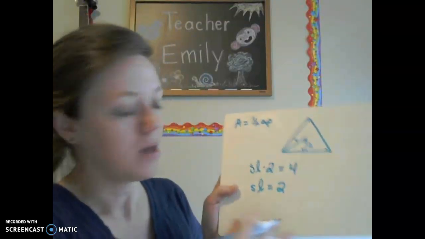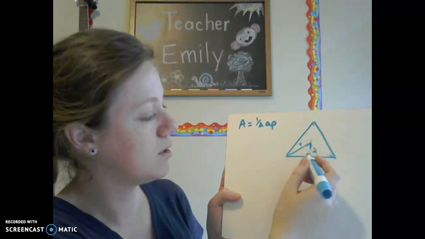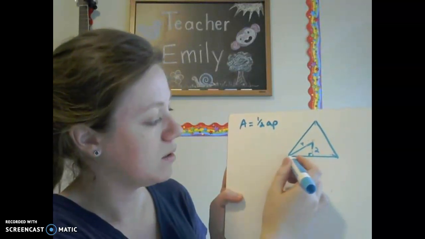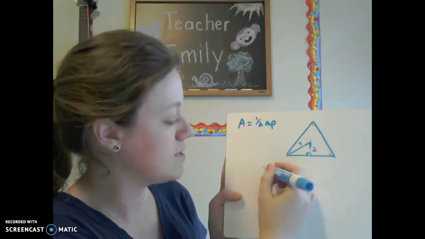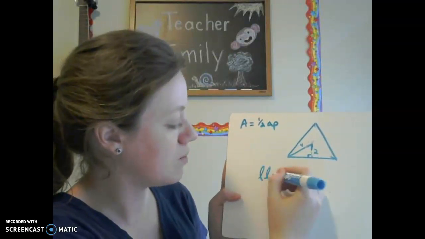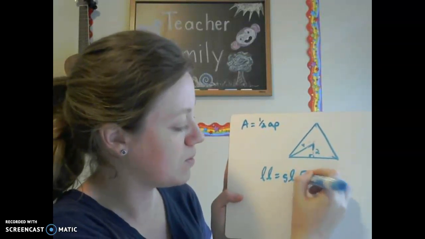Now once I know that, I can figure out the long leg. Long leg equals short leg times the square root of 3.